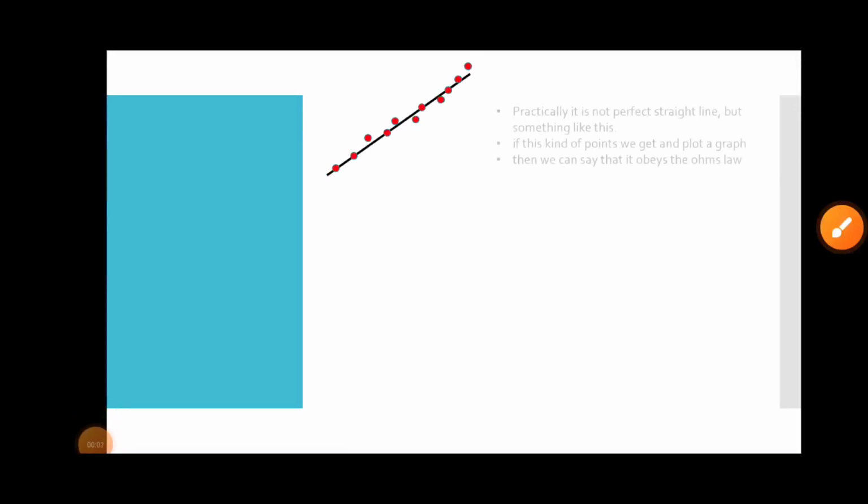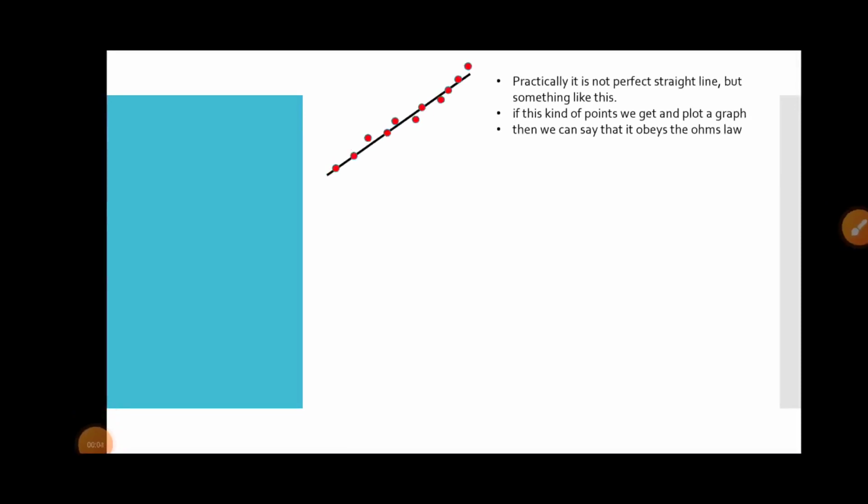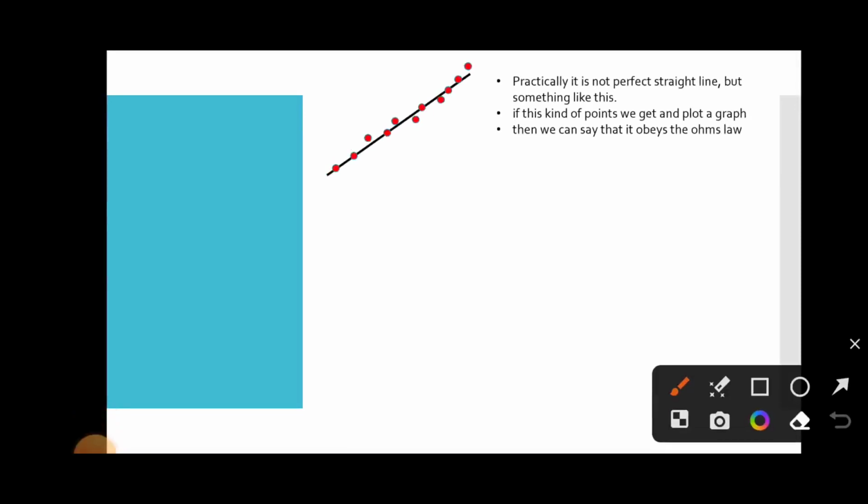Practically it is not a perfect straight line, but something like this, as we can see in the figure. If we get this kind of points and plot a graph, then we can say that it obeys Ohm's law.